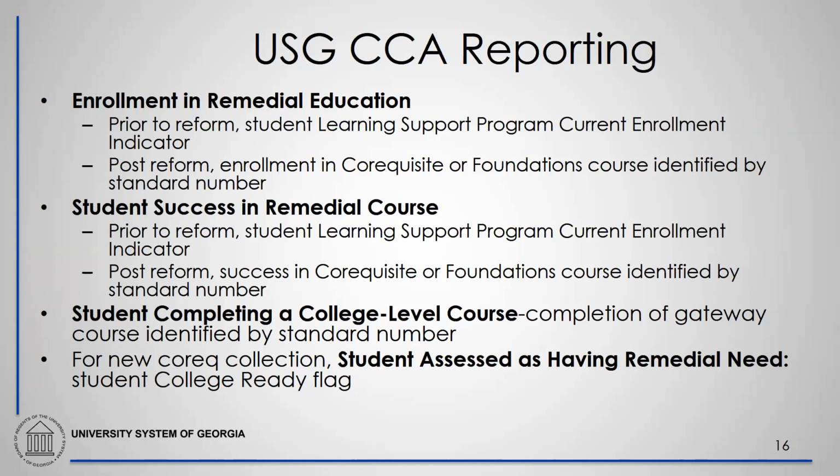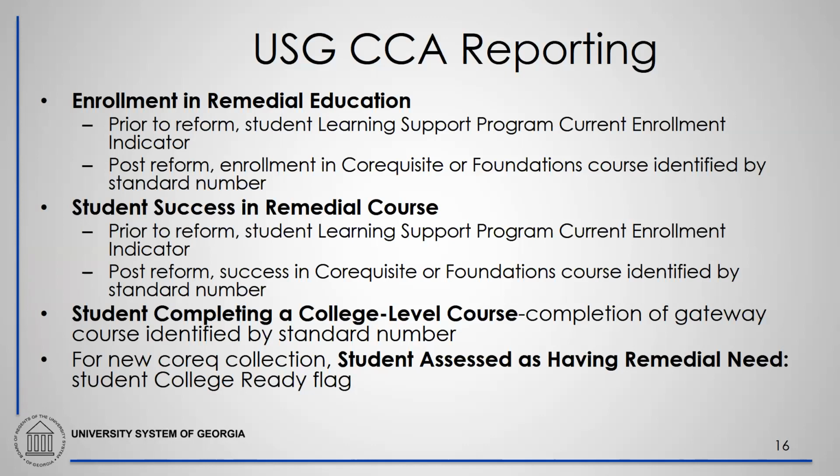After the reform, we check this by enrollment in a co-requisite or a foundations course that is identified by the standard course number. So instead of looking at all courses and pulling out the ones that have, like in West Virginia, where they have to look at all courses and then pick out the ones that have the developmental identifier that identifies a remedial course or a co-requisite course, the course number itself in Georgia identifies to us that it is a co-requisite or a foundations course.